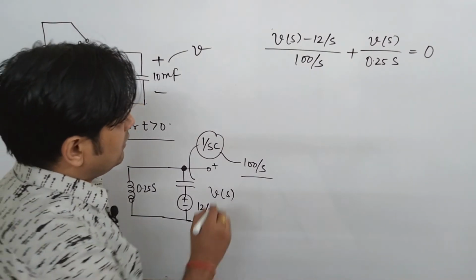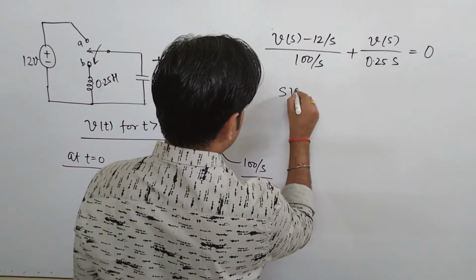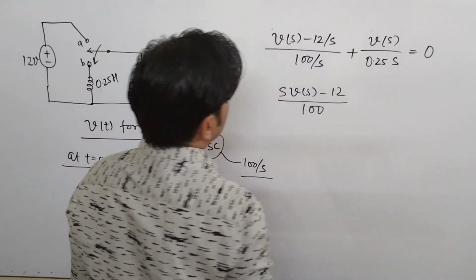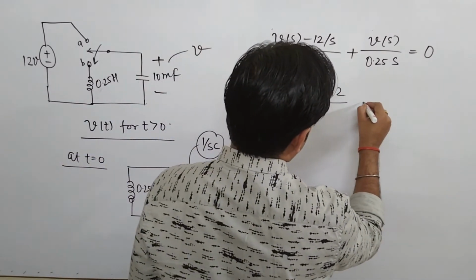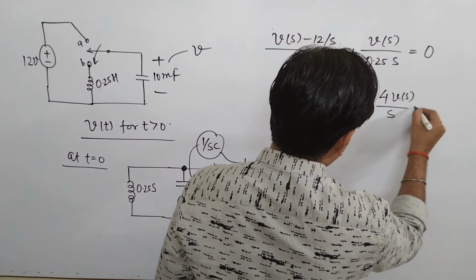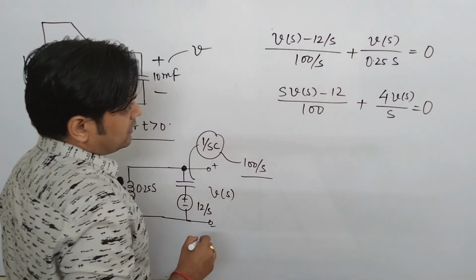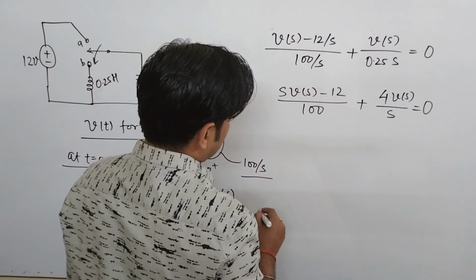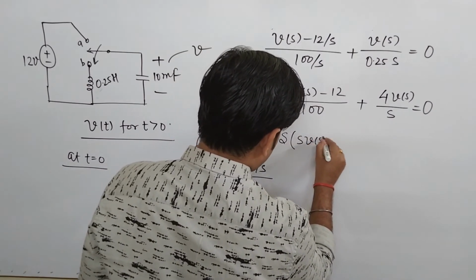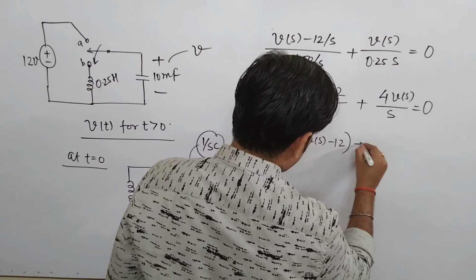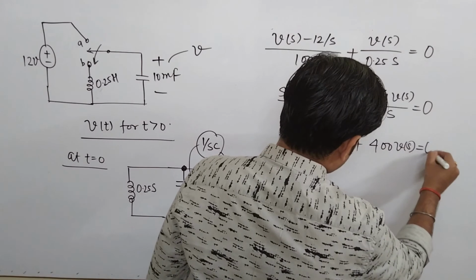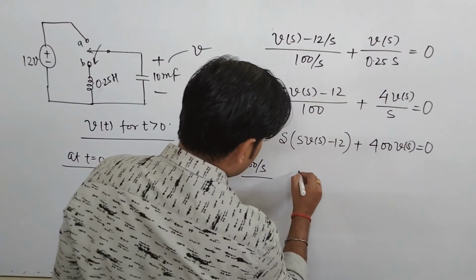Now we will solve it, so that comes to be (sVs minus 12) upon 100. I have just solved it, and that comes to be 4Vs upon s is 0. Simply multiplied by 100 and s, so that comes to be s into (sVs minus 12) plus 400 Vs equals 0.